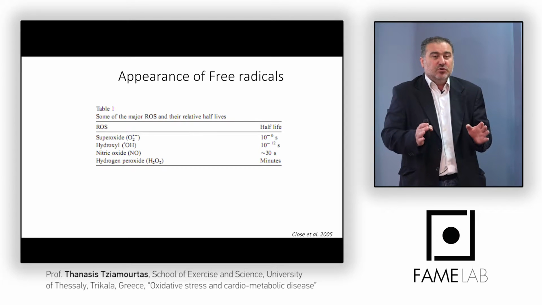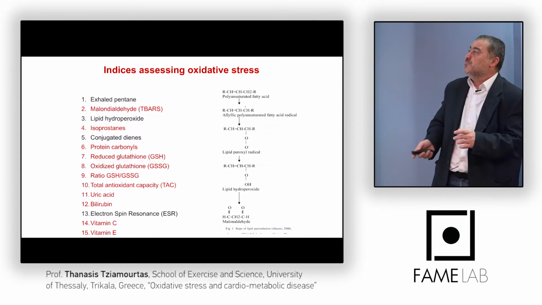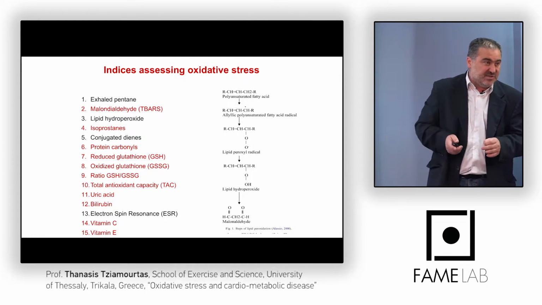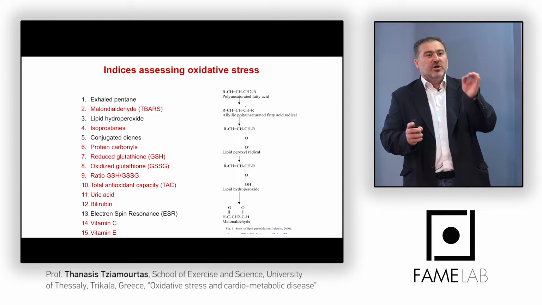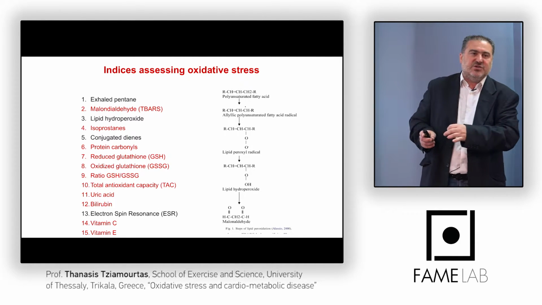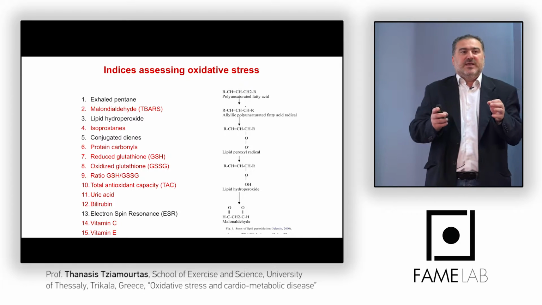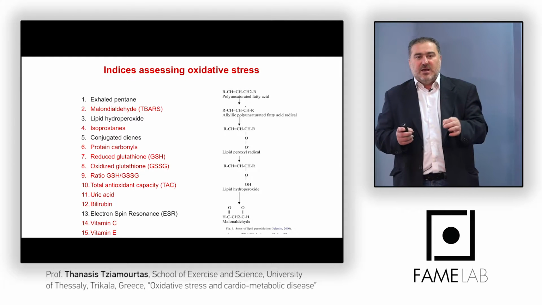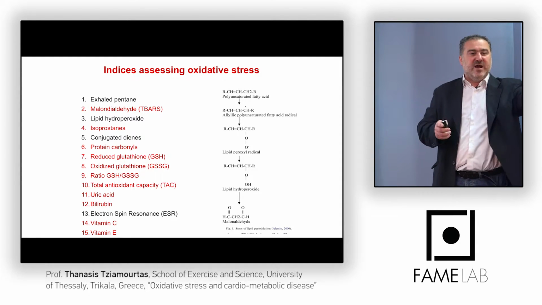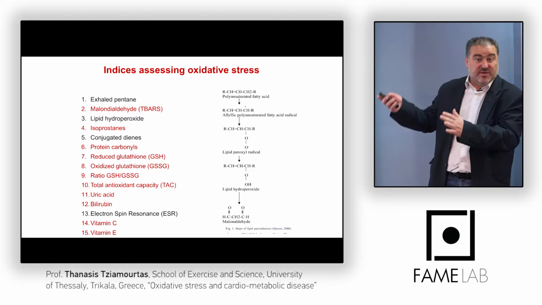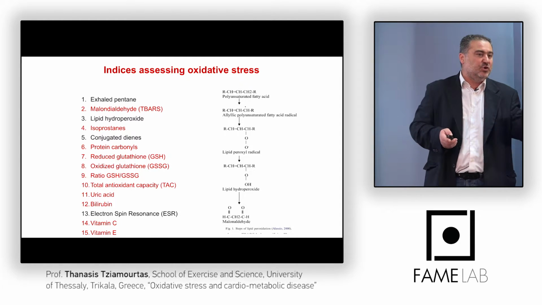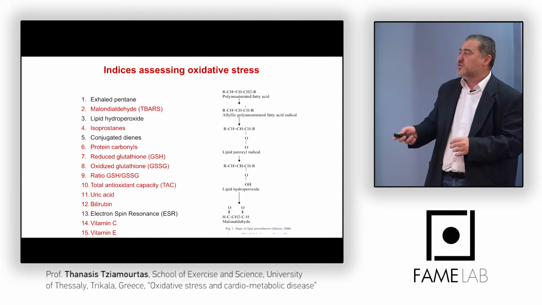So what do we do? We usually use indirect indices to measure either lipid peroxidation or protein carbonylation, and we infer that a higher presence of these molecules is due to a higher presence of oxidative stress.